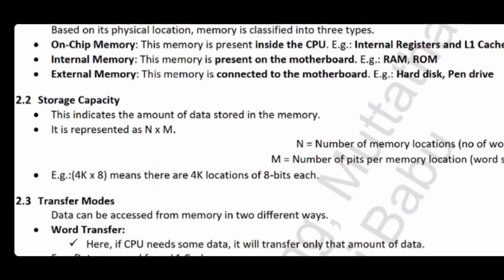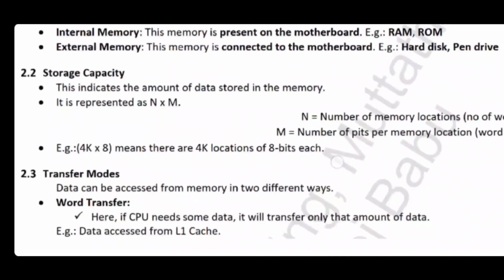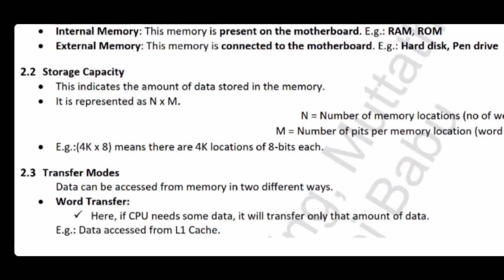So how many bits are included in that location. For example, storage capacity is normally represented as 4K by 8. 4K by 8 means that there are 4K locations and each location is 8 bits in size. That is storage capacity.